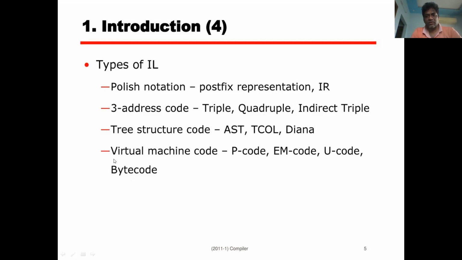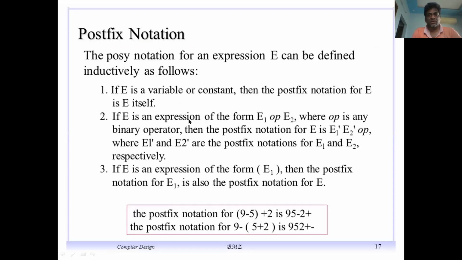We are not going to cover this because it is purely dependent on the particular programming language that we select. As you all know, byte codes are used by Java. Similarly, these are also used with other languages, and we are not going to concern ourselves with this. So we'll cover these three forms of intermediate languages: Polish notation, three address codes, and tree structure codes. Okay, so let us begin one by one.